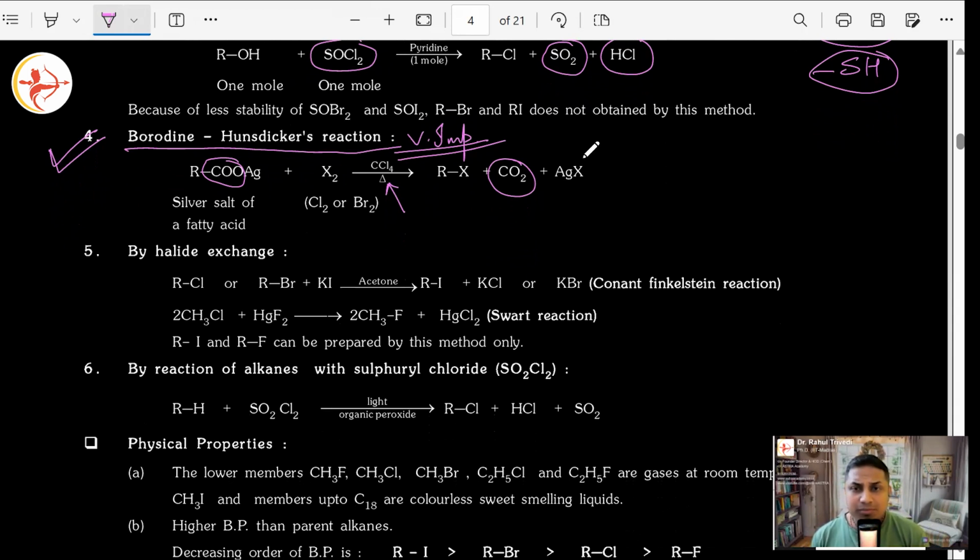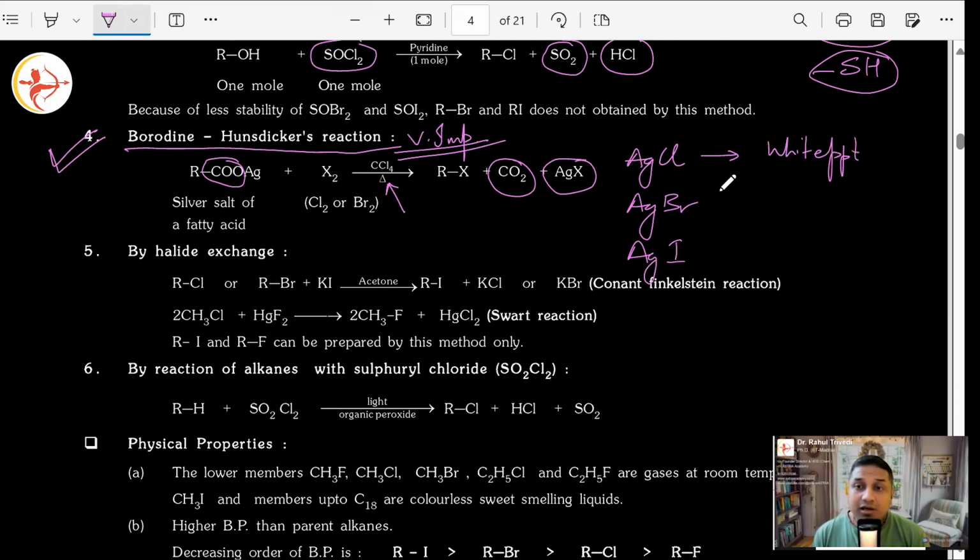I hope you remember the color of silver chloride, silver bromide, silver iodide from the inorganic chemistry portion. As we keep coming down, the color intensity increases. This is white, white precipitate. White, cream, and yellow. Color intensity is increasing.